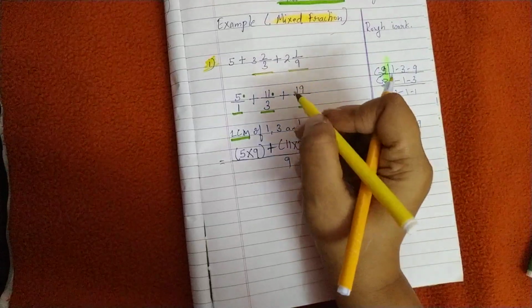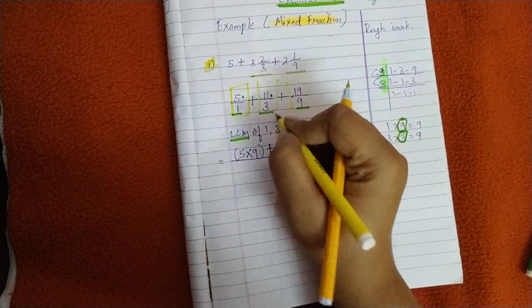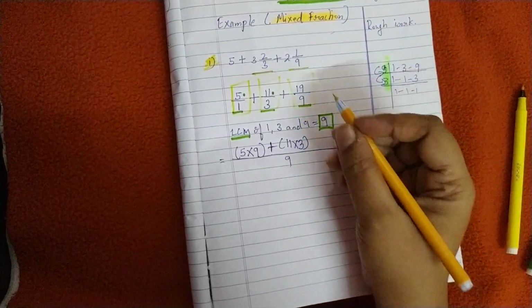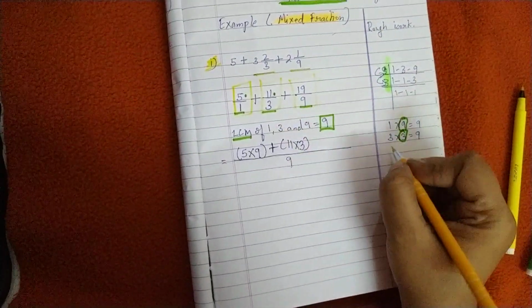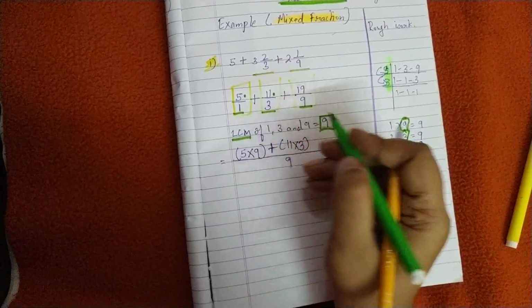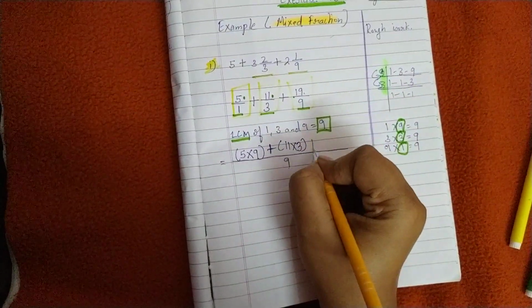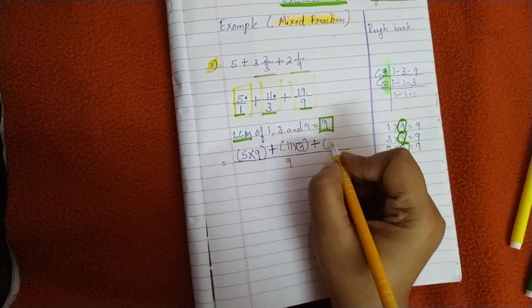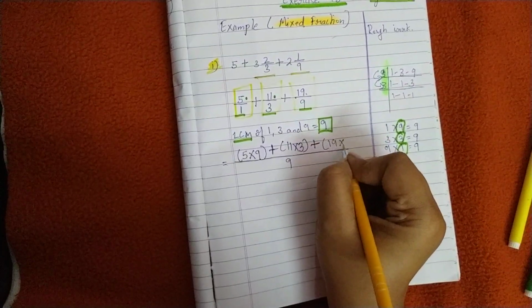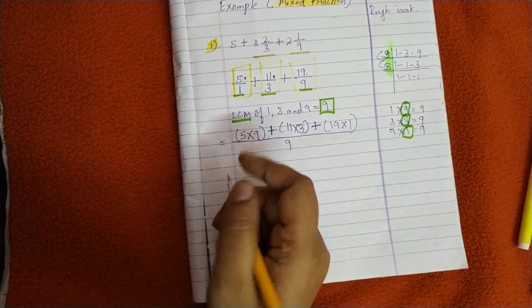So children, first we have done this, then this, now we are on this fraction. Yes, now see, 9 times 1 is what, children? 9. Now 9 is here, pick this one and multiply with numerator 19. Copy the addition sign as it is, so 19 into 1. This much is clear? Now, what do you have to do next?